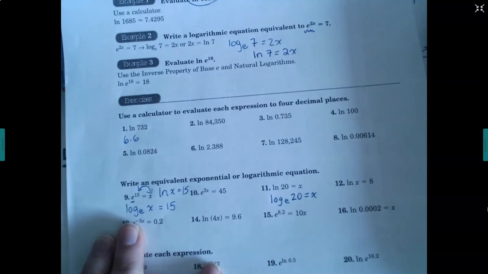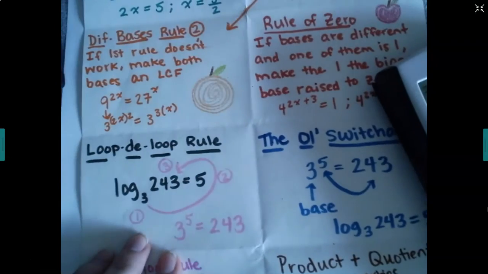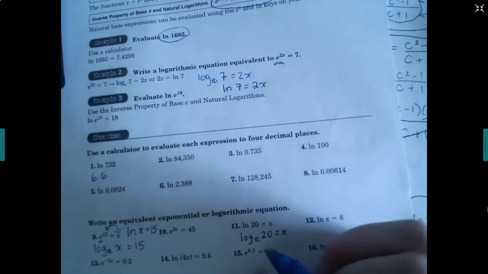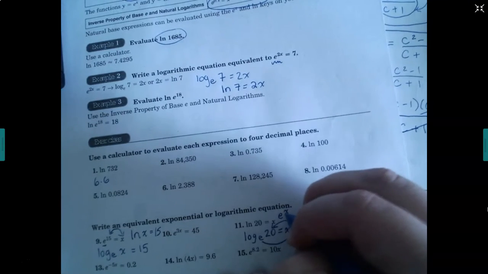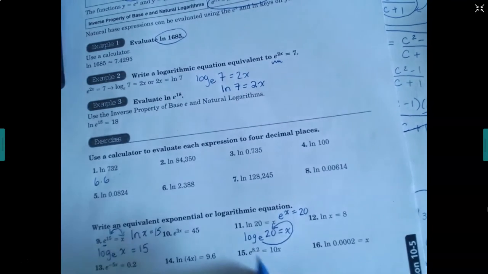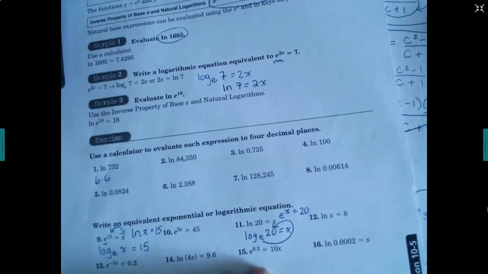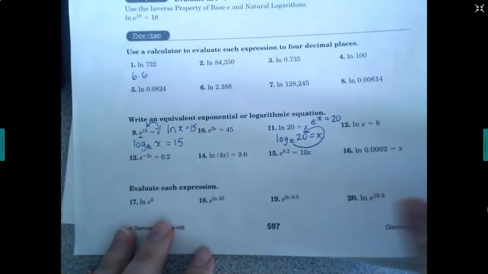And then all we would do would use our loop-de-loop rule, which again is on our foldable, to turn that back into an exponential function. So we would do e to the x equals 20. So the natural log of 20 equals x is equivalent to e to the x equals 20. So we're just using rules to flip back and forth between different forms.